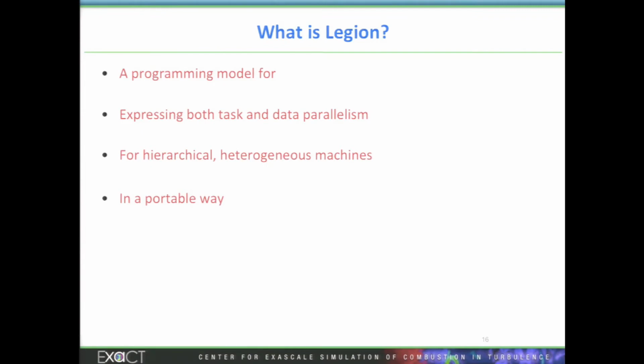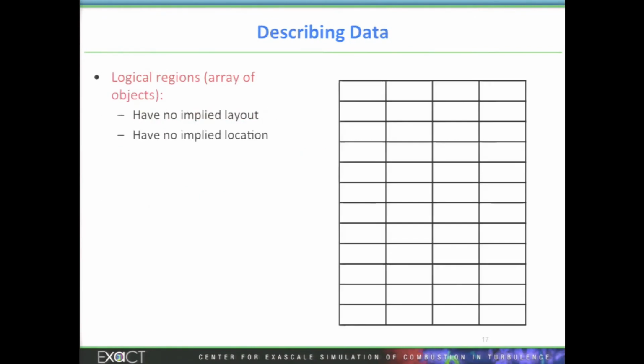We've been working with Alex Aiken and his PhD students here, Mike Bauer, Sean Treichler, and Elliot Slaughter, on applying Legion to express task and data parallelism for S3D. In Legion, they describe the data in terms of logical regions that are arrays of objects that have no implied layout or implied location.